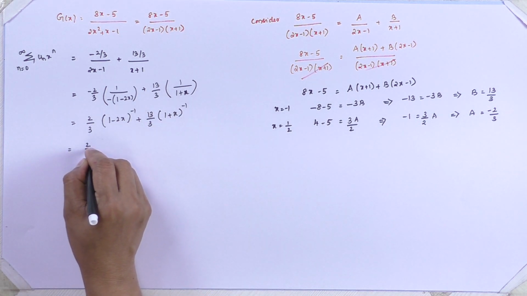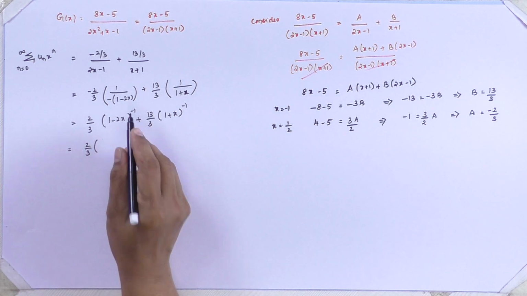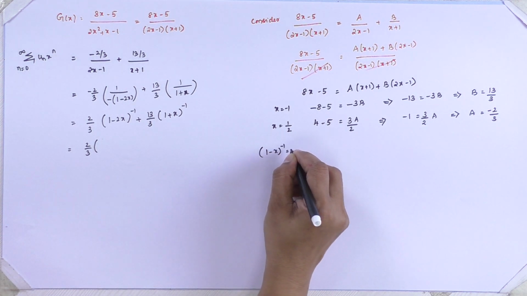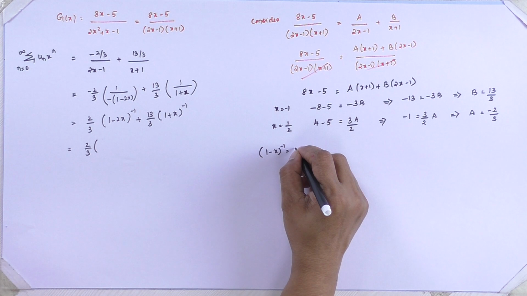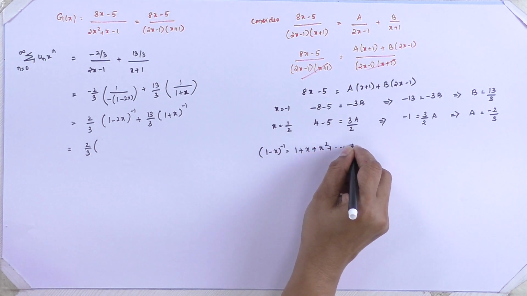So which is 2 upon 3 into, it is of the form 1 minus x the whole power minus 1. So what is 1 minus x the whole power minus 1? We know according to the binomial expansion, it is 1 plus x plus x square plus so on till infinity.